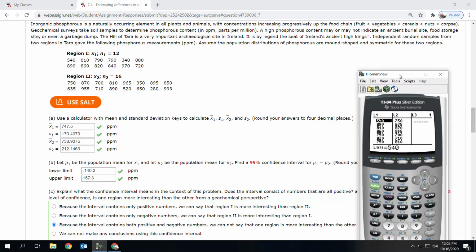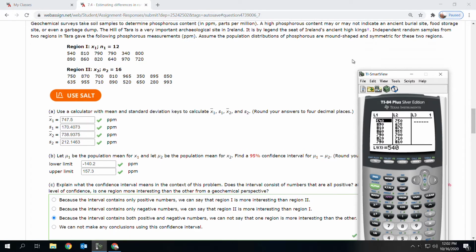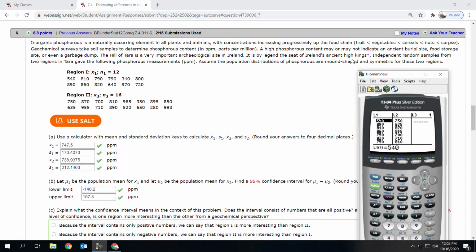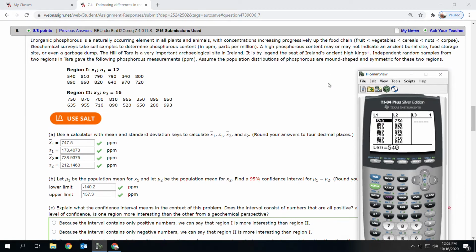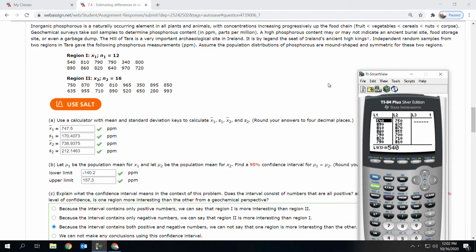It is by legend the seat of Ireland's ancient high kings. Independent random samples from the two regions in Tara gave the following phosphorus measurements in parts per million. Assume that the population distributions of phosphorus are mound-shaped and symmetric for these two regions.